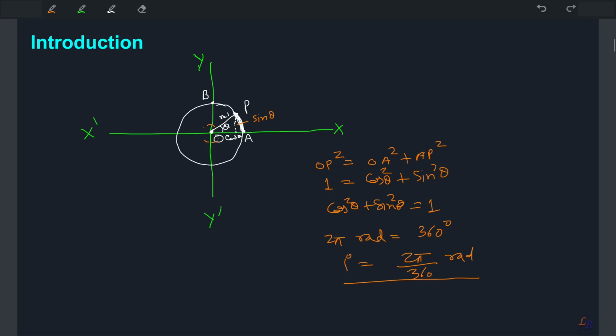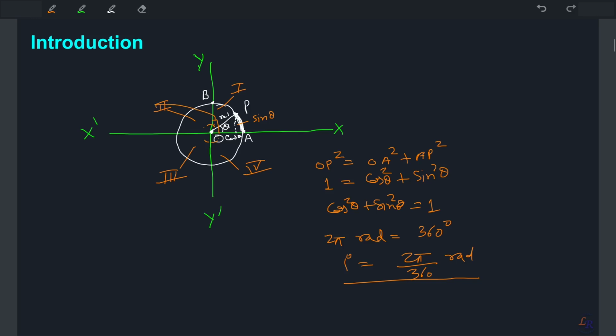Other things, you can divide it into 4 quadrants, right? This is quadrant 1, this is 2, this is 3, and this is 4, that you know, and you see that each has 90 degrees. Now 360 divided into 4 equal groups, so this angle would be pi by 2 here.